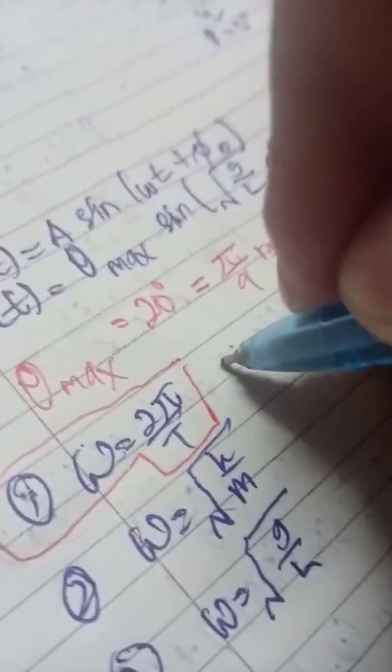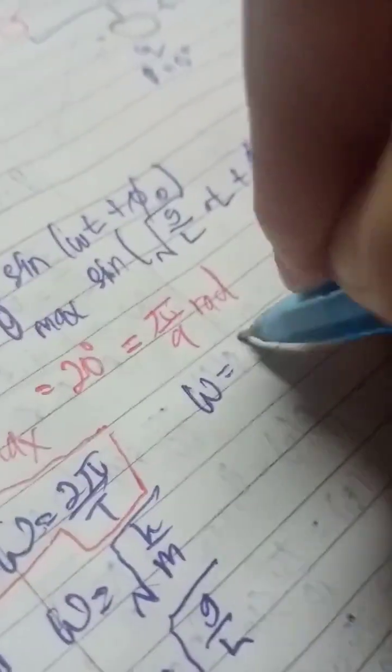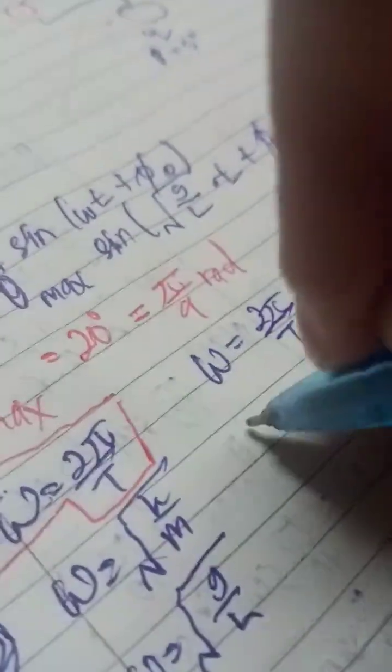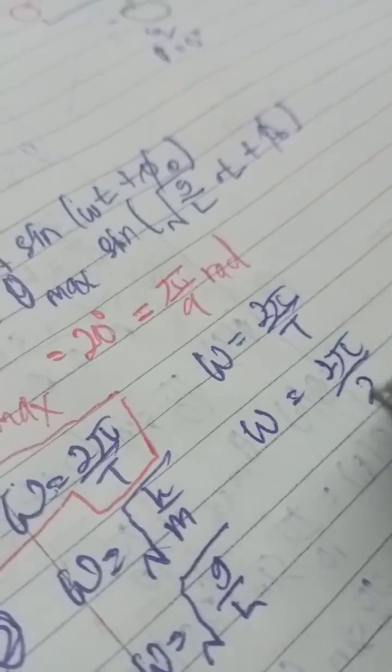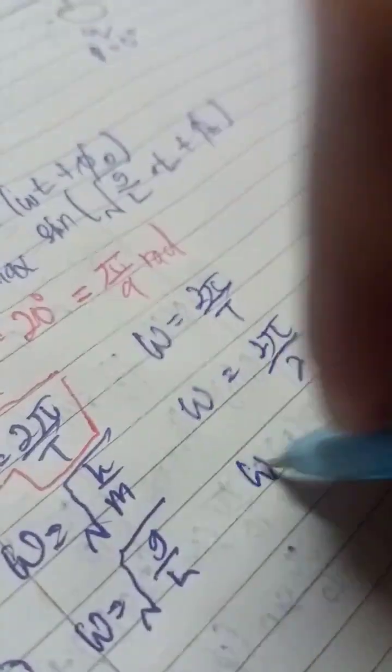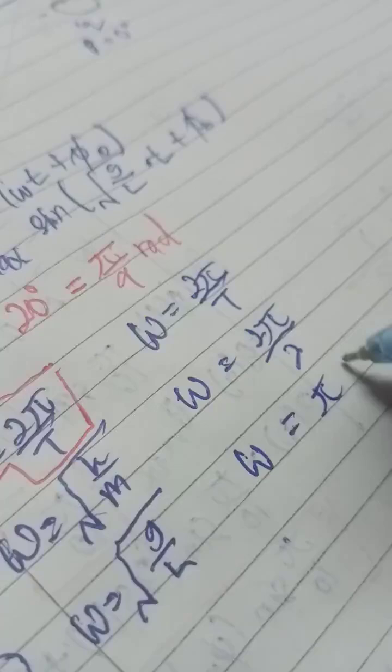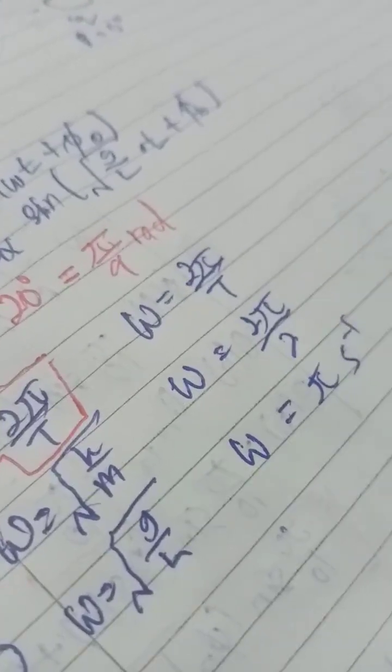Omega is equal to 2 pi over T, so omega is equal to 2 pi over 2. So omega is equal to pi per second.